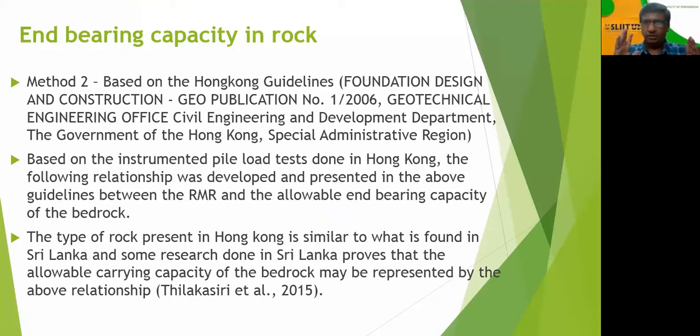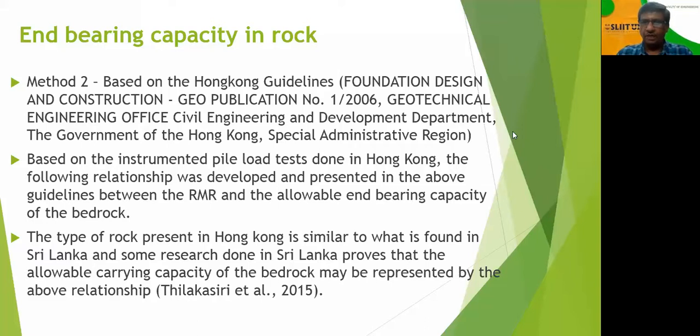And what they find is actually that the value can be related to the rock mass rating, a parameter called rock mass rating. I will describe how to determine the rock mass rating later. So their allowable end bearing capacity can be higher, and it is related to the rock mass rating.